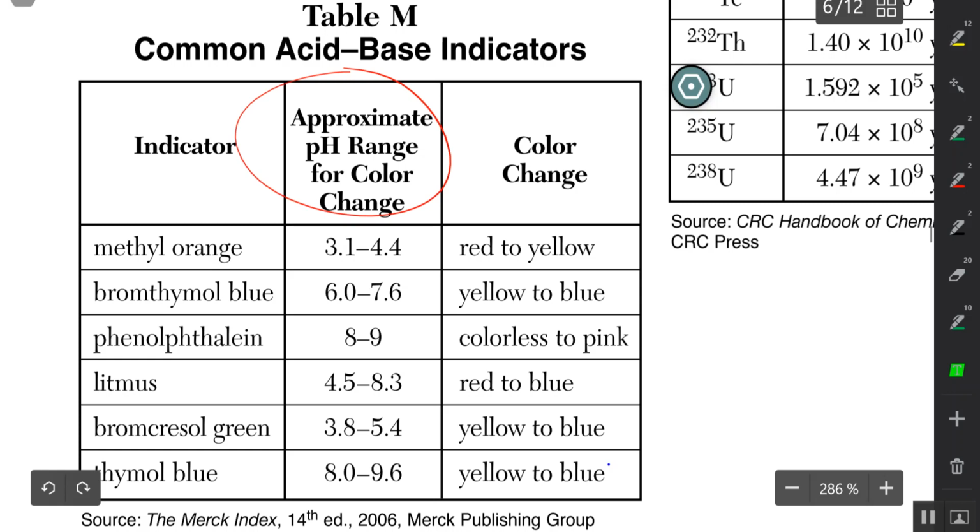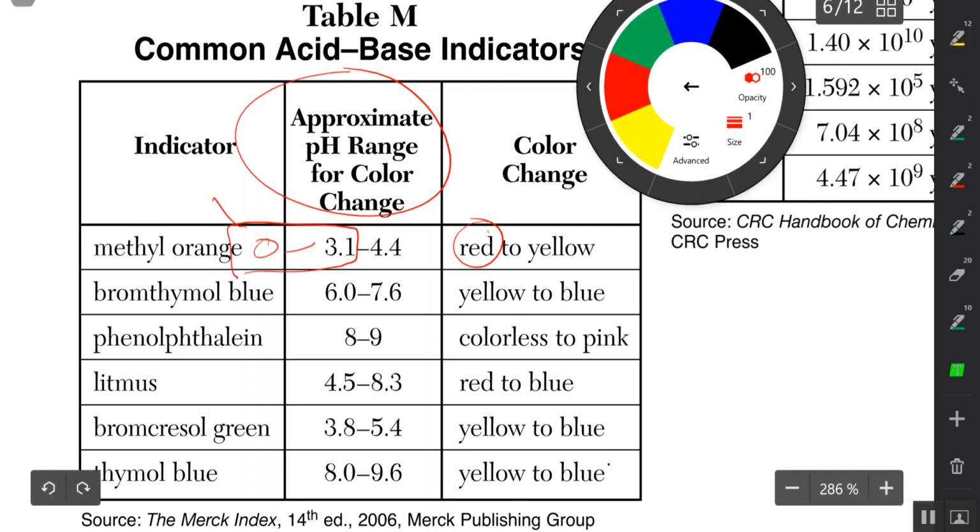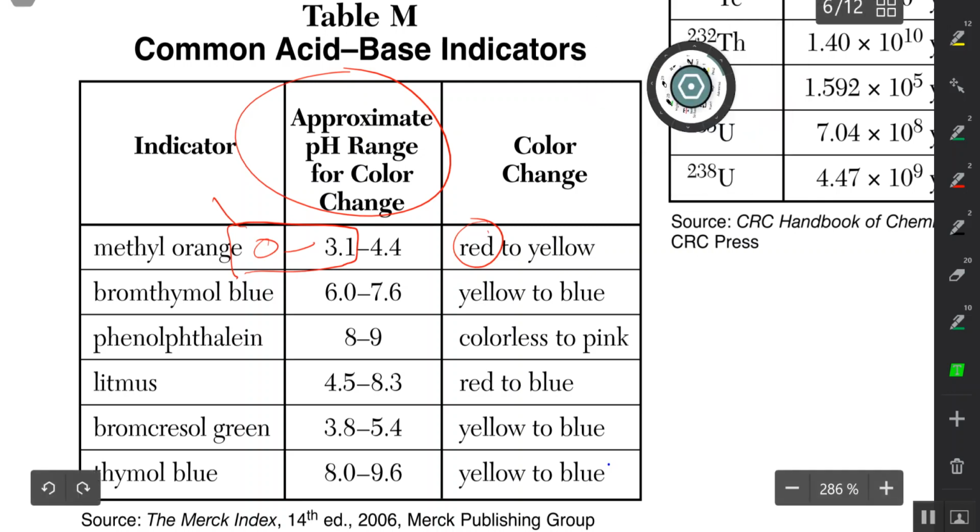So for example, methyl orange is going to be red if the pH of the solution, acid or base, whatever you have, is between 0 and 3.1. If the pH is between 4.4 and 14, you're going to have a yellow color.